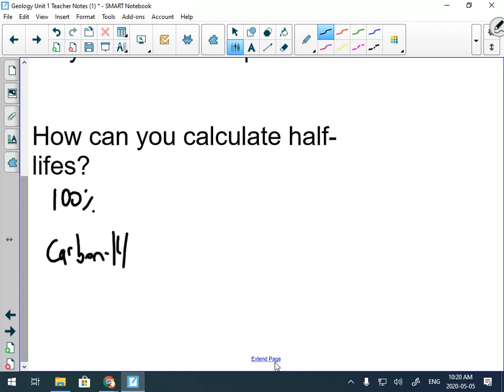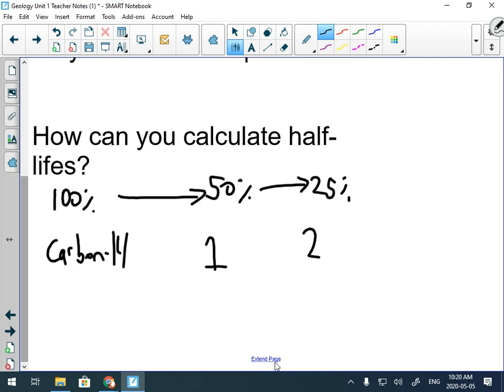Okay, carbon-14. When half of the intensity is gone, that is one half-life. When half of that is gone again, that's a second half-life. So one half-life, two half-lives.